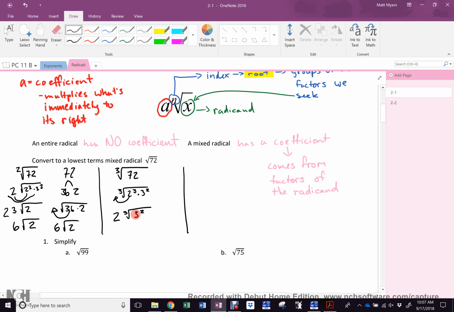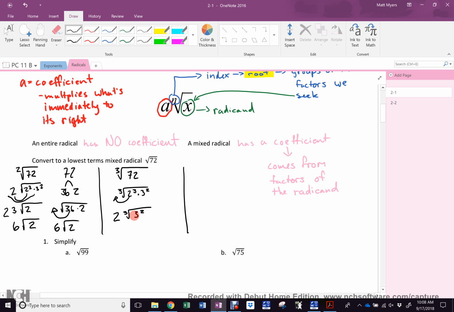Does everybody remember this? Now of course you should also notice something. If there's a 3 there, 2 cubed, I'm able to bring out the 2. I can just check right there with the index and all the exponents, can't I? Over here, 2 is an index, so I'm looking for groups of 2. So 2 to the 3, I can get out a 2, but there were 3 2s under there, so I left a 2. Everybody good?